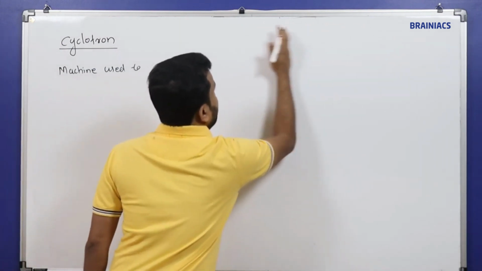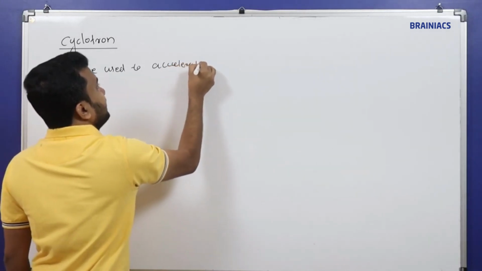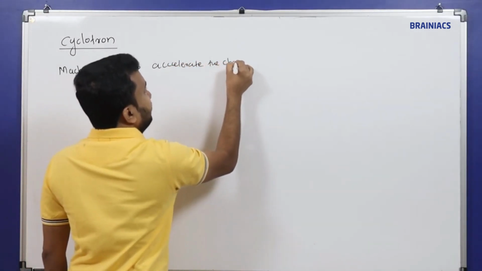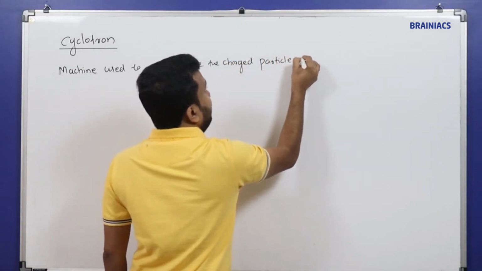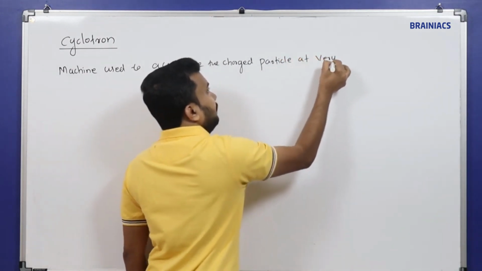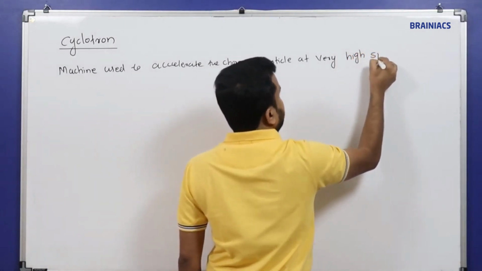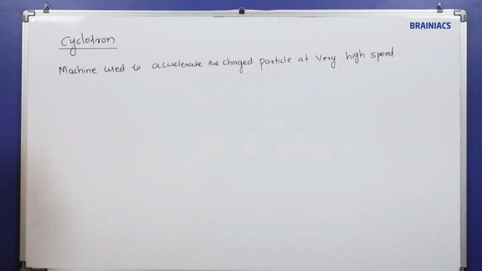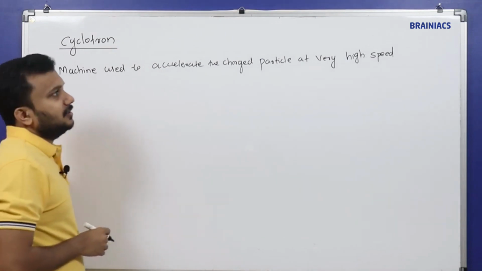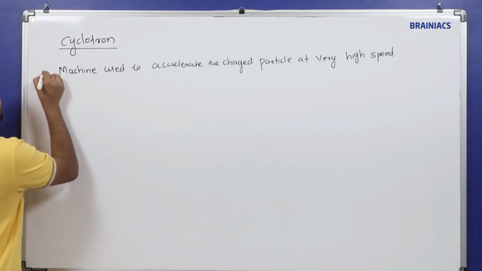Not used to generate, but used to accelerate the charged particle at very high speed. So a cyclotron is a machine which is used to accelerate charged particles at very high speed. This is the definition of this one.